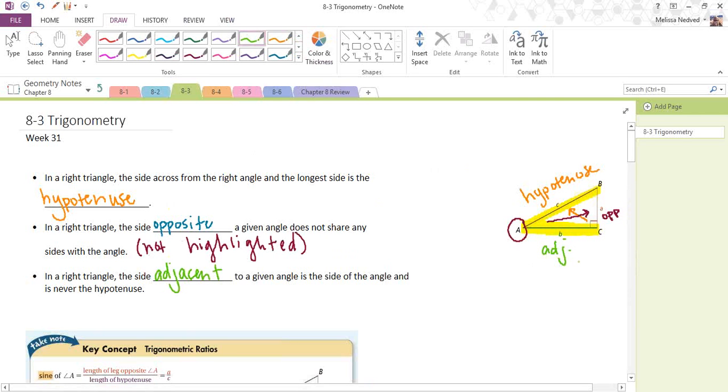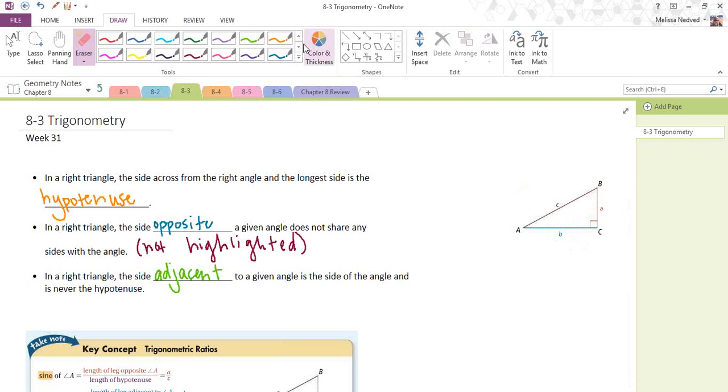So let's take the same picture I have, and I'm going to change the angle. Now I'm going to say, look at angle B. And we need to label our sides hypotenuse, opposite, and adjacent. Now, hypotenuse never changes. That's always going to be our longest side, always across from the right angle.